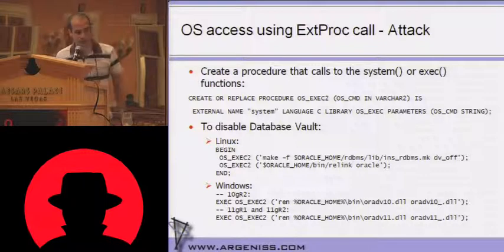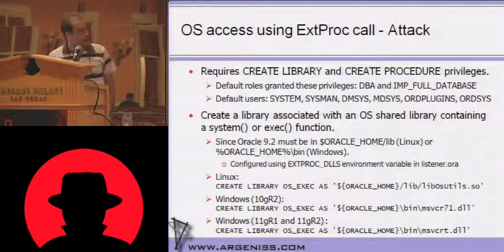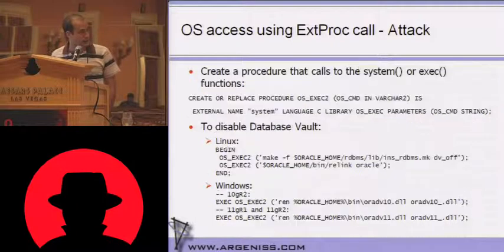So these are the SQL statements that we can execute. Here, the CREATE LIBRARY SQL statement will create a database library object that points to this DLL file, and then we create a procedure that will point to an exported function in that library.